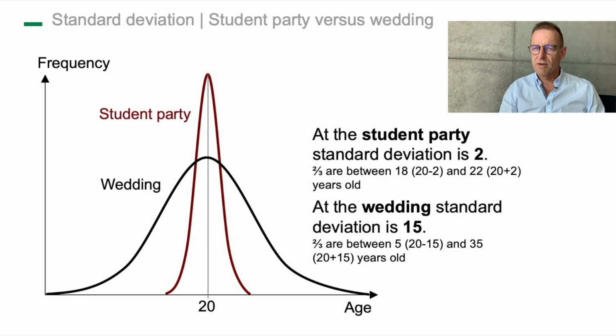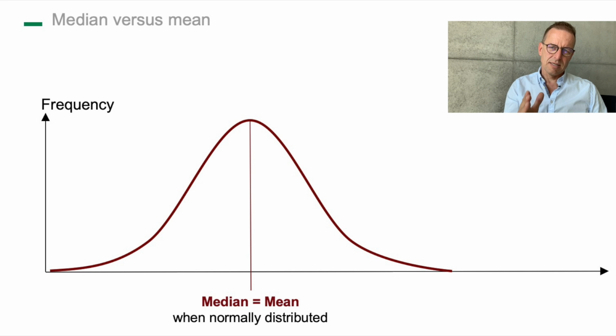So the median is very useful when you have a not normally distributed curve. There are 50% higher than the median, and 50% lower than the median.